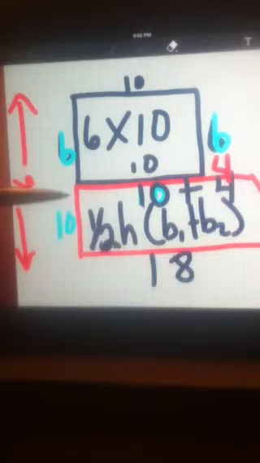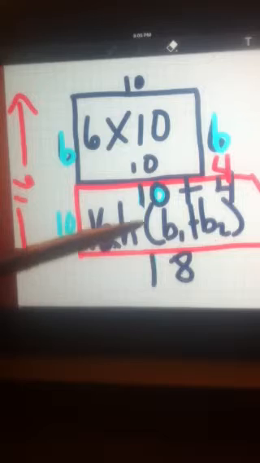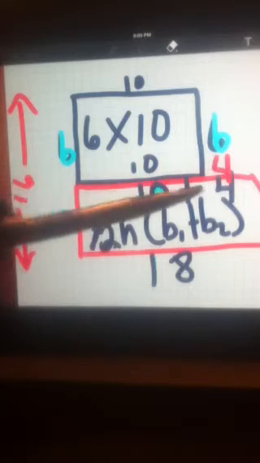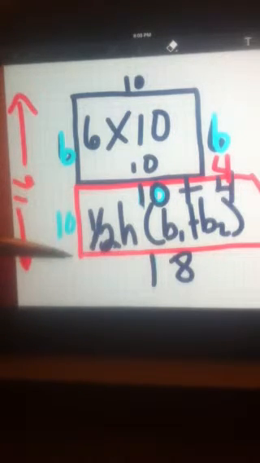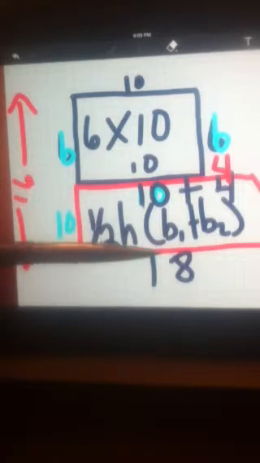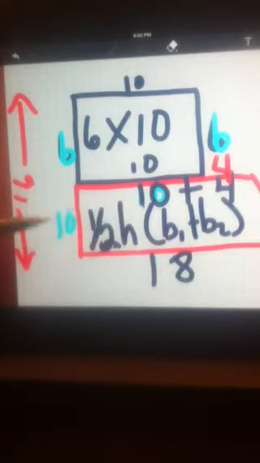And then we know that the formula for the trapezoid is 1/2 times the height times base 1 plus base 2. So we have base 2, which is 18, base 1, which is 10 plus 4, the 4 that was given to us, and right here we have the height, which we got by subtracting 6 from 16, which is 10. So we do 1/2 of that 10 times base 1 plus base 2, and that will give us the area.